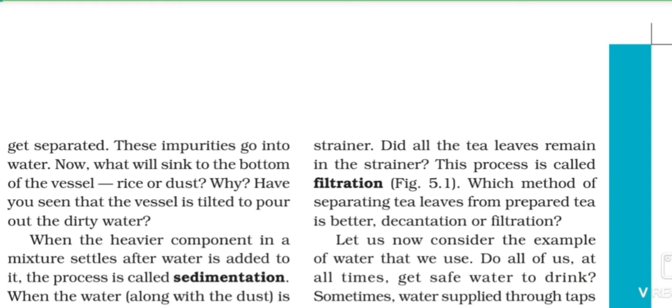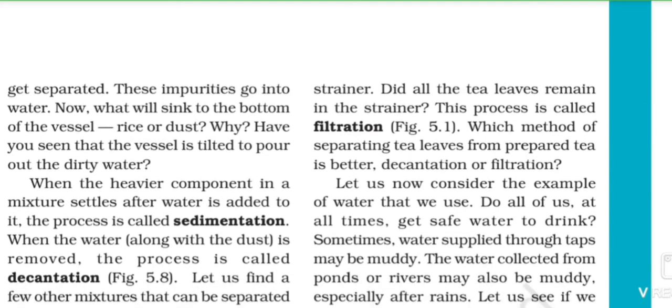You might have seen and noticed when your mother is boiling pulses or rice. What does she do? She pours some water on the rice and keeps it for a while so that the lighter particles, that is soil and dust, come up in the water, and you will find the water slightly muddy, and sometimes also with some starch, so the water changes its color.